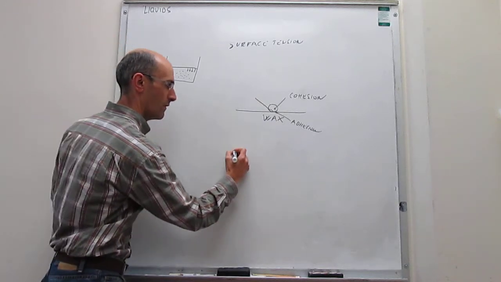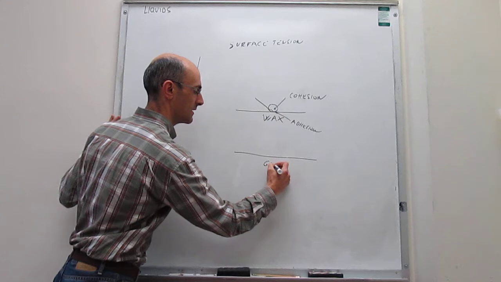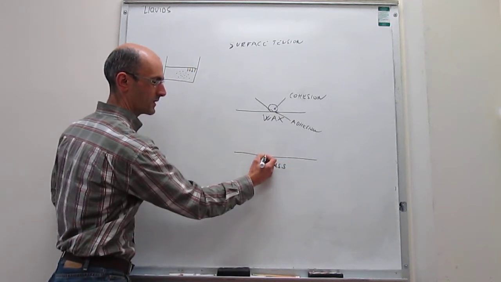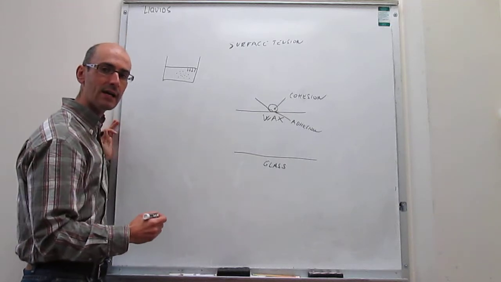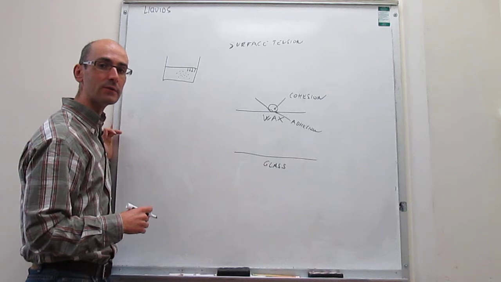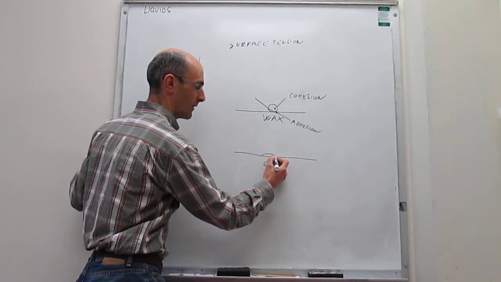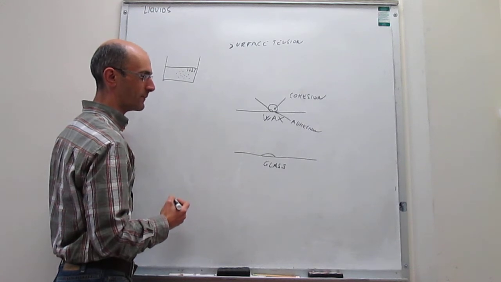Okay? On the flip side, you can bring this to a surface that has groups here that interact favorably with water. For example, glass has a lot of OH groups on the surface, and those can establish hydrogen bonds with water molecules. So when you bring a water droplet right here, that water won't bead up anymore.